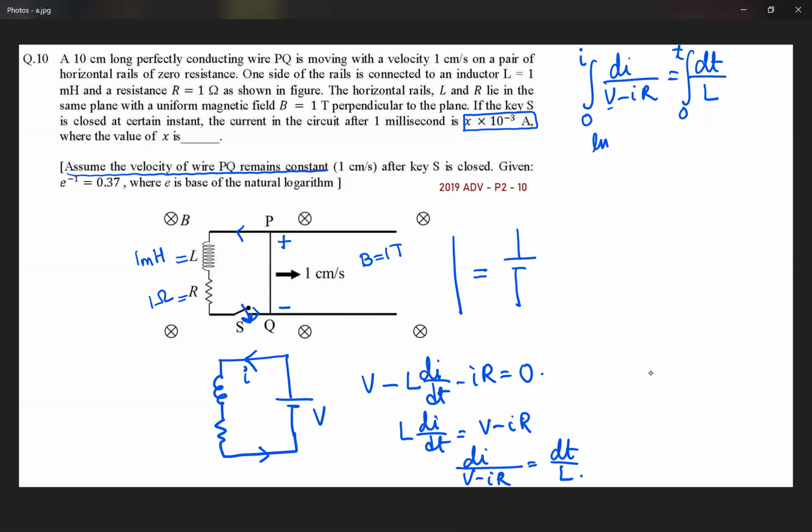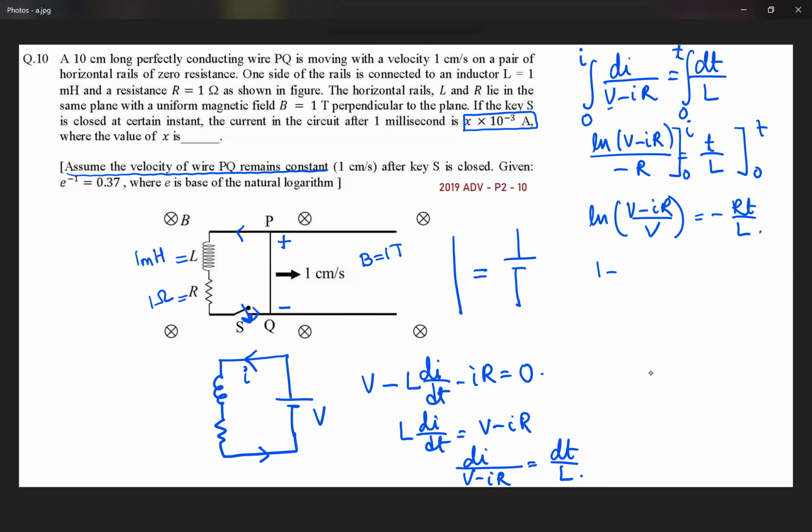On the left side, we have log of V minus IR divided by minus R is equal to t divided by L, integrating from 0 to t and going from 0 to I. So this is log of V minus IR divided by V is equal to minus Rt divided by L, or simplifying, 1 minus IR divided by V is equal to e to the power minus Rt by L. So we can say that I is equal to V divided by R times 1 minus e to the power minus Rt divided by L.